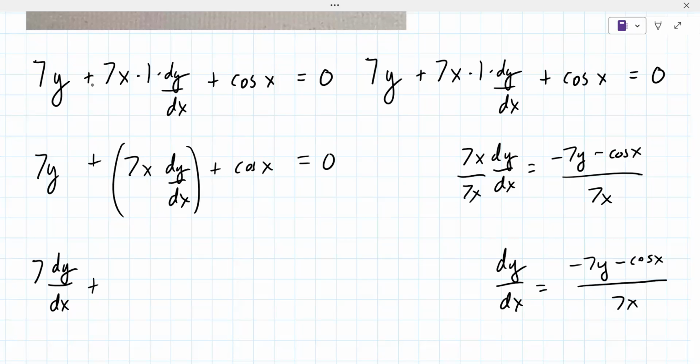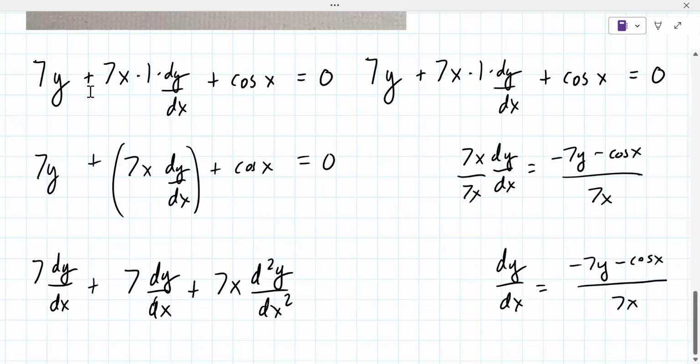So it's derivative of the first times the second plus keep the first, take the derivative of the second, d squared y over dx squared.